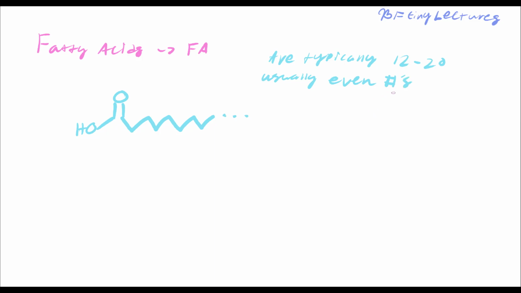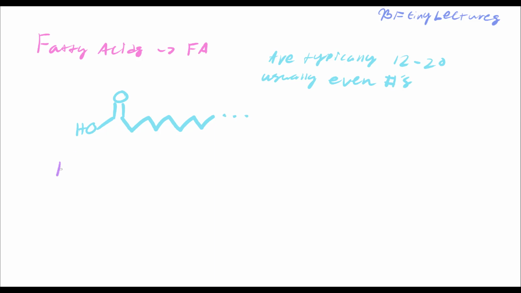So how do you name fatty acids? I'm going to teach you how to name them so you can impress your friends, okay? Whenever you want to name a fatty acid, you name it like this.